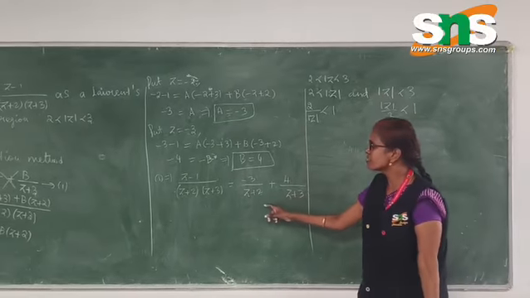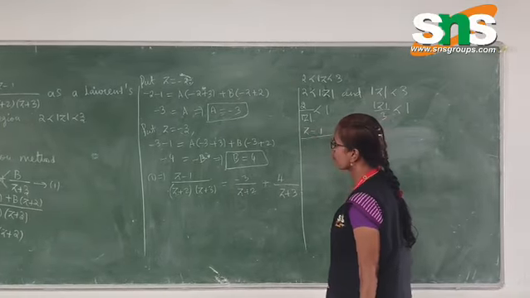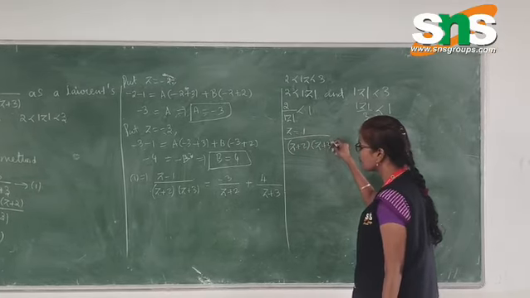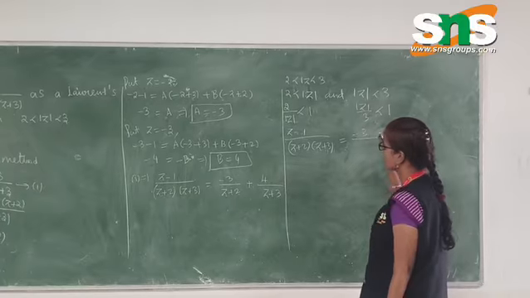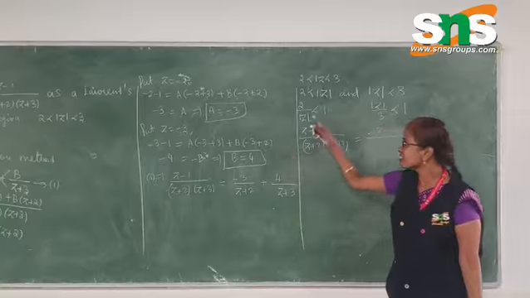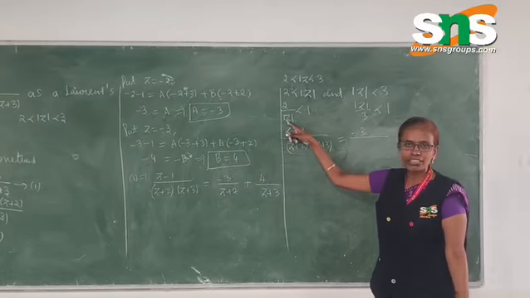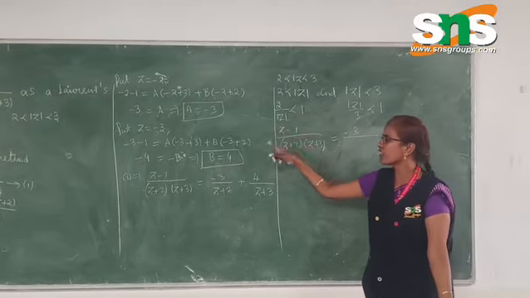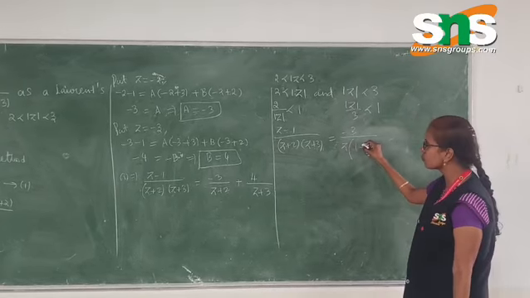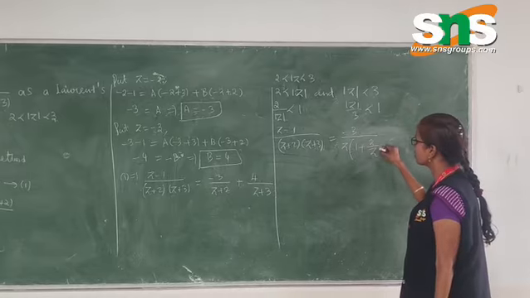Now we go for this term. (z minus 1) by (z plus 2) into (z plus 3) equals minus 3 by the first factor, which involves z and 2. Check the denominator term; that term we need to take outside, that means z is outside, and the remaining is 1 plus 2 by z.